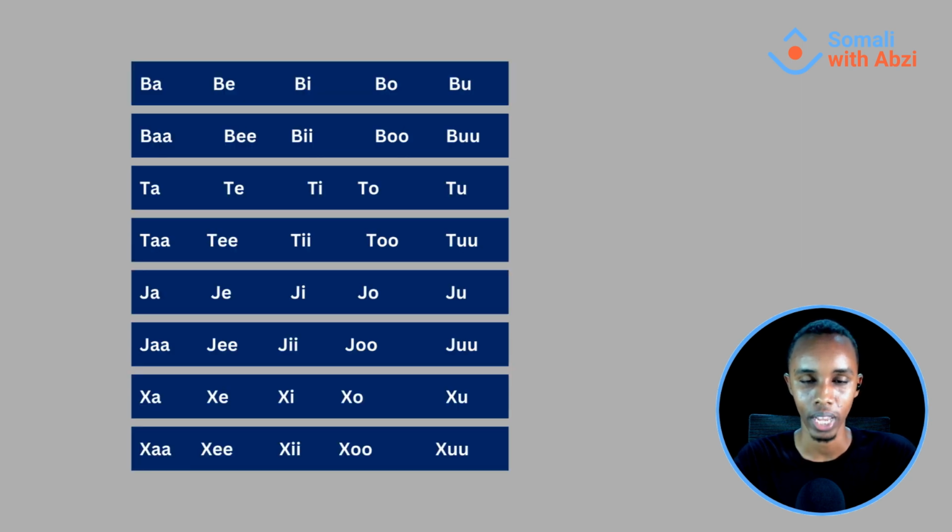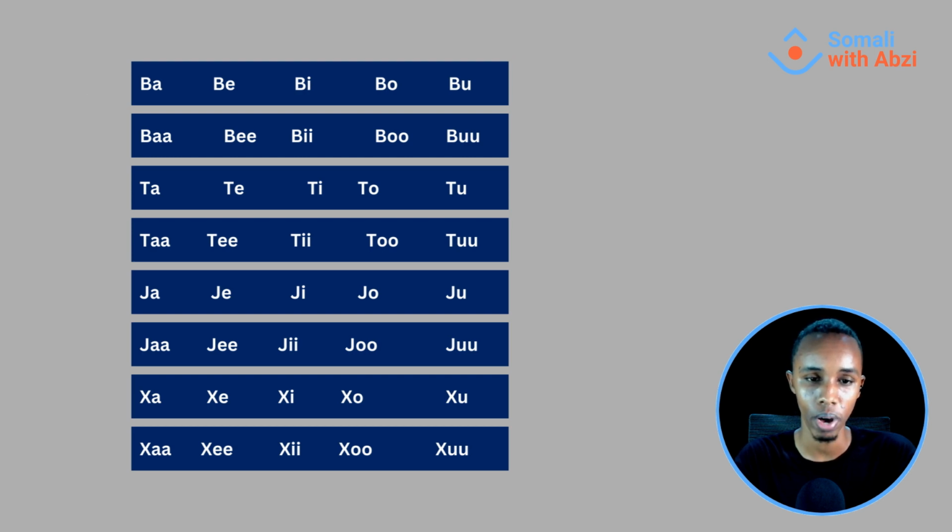Now, cod Somali ah, making Somali sound. To make a Somali sound in the Somali language, we need to combine a letter and a short or maybe a long vowel. Let's say we have this letter, b. We need to make a sound, right? Let's add a vowel, maybe vowel A. So it's b plus A, the sound is ba.